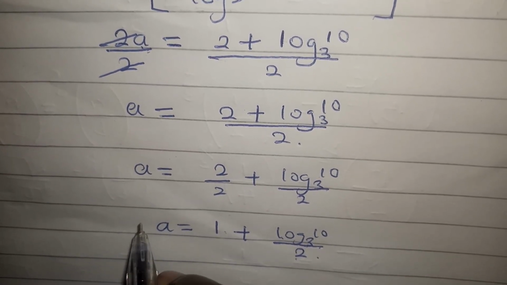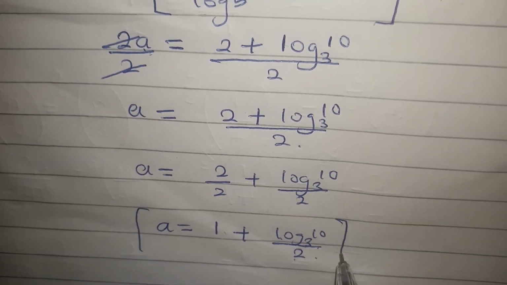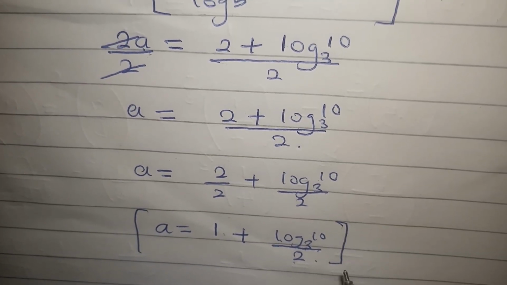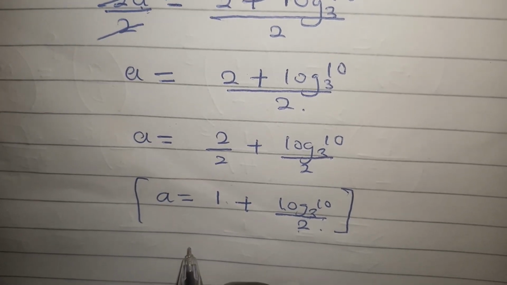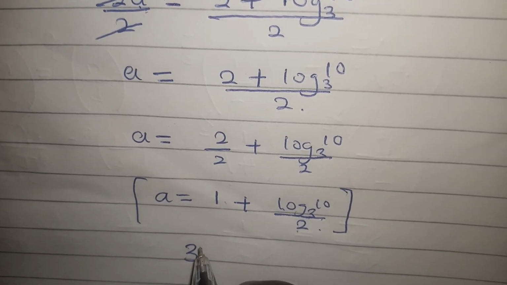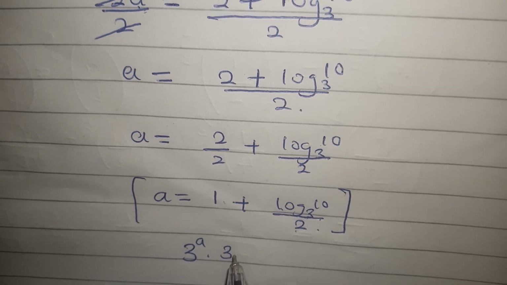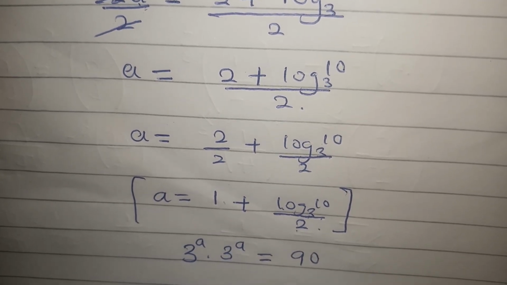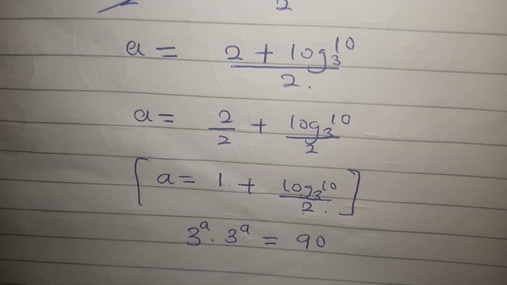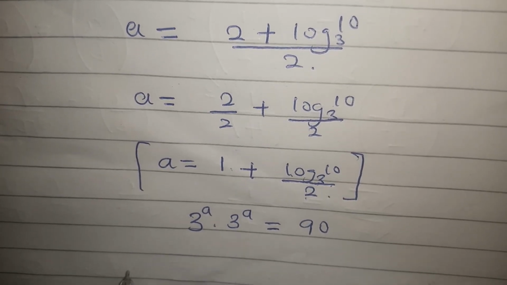We want to substitute this value into our question to see whether the value of a is correct. Remember, the question says 3 to the power of a times 3 to the power of a equals 90.